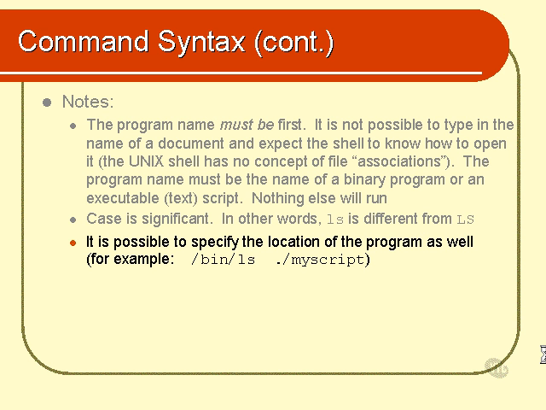If you don't know how to do that, you'll find out in the next chapter. For example, you can preface ls with /bin/, as in /bin/ls, which says I want you to run the version of ls that is sitting in the /bin directory. Or you could say ./myscript, which means please look for a file called myscript in the current directory only. Don't look anywhere else for it. As to where the shell looks to find the programs that you type in, well, we'll look at that in one of the last chapters.